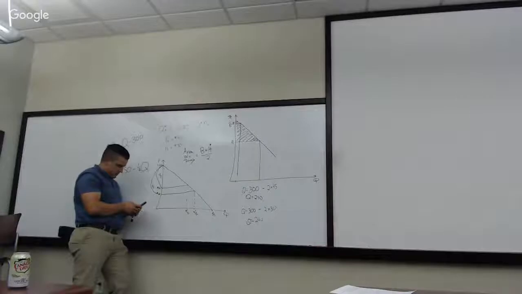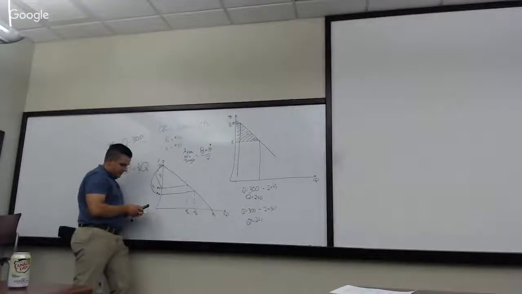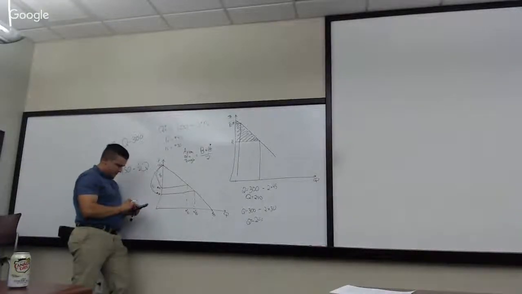So $105 worth of surplus times 210 units. And then we divide by 2. I keep multiplying by 2.